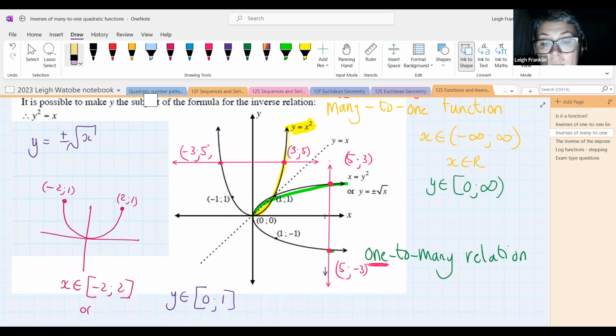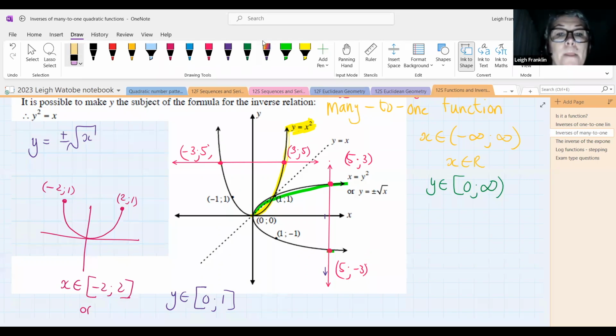I'm going to rub this off. As far as x is concerned, can you see x does not get any smaller than 0 and it keeps going to infinity? So here I would say that x is an element from 0 to positive infinity.